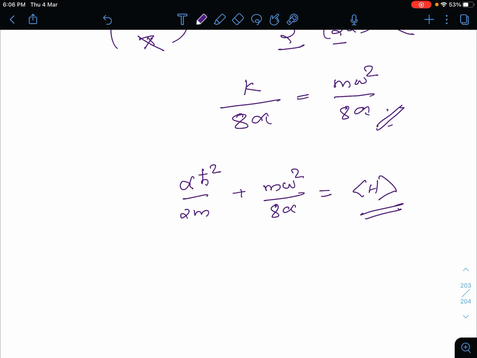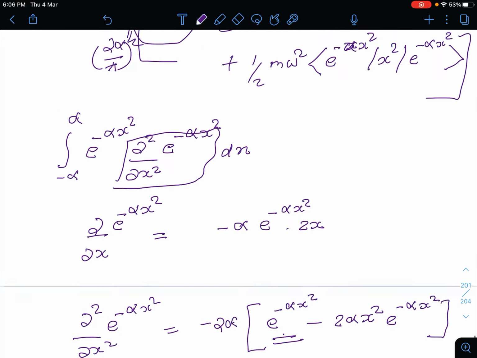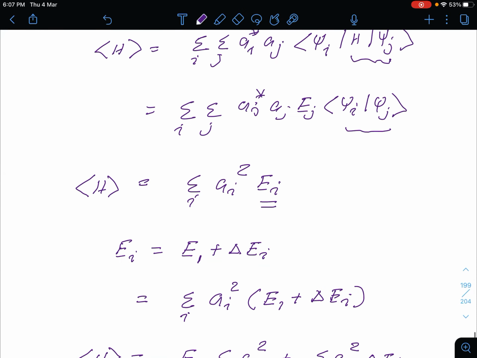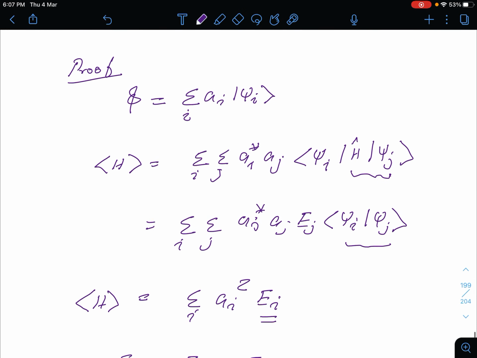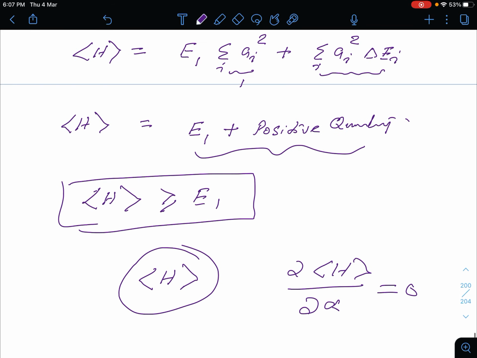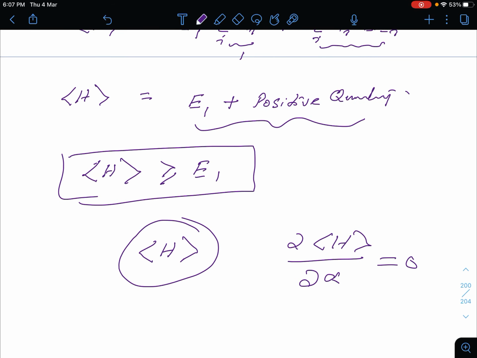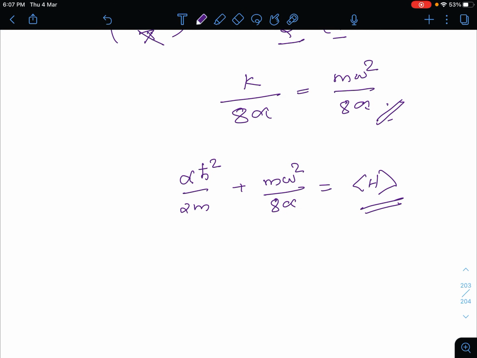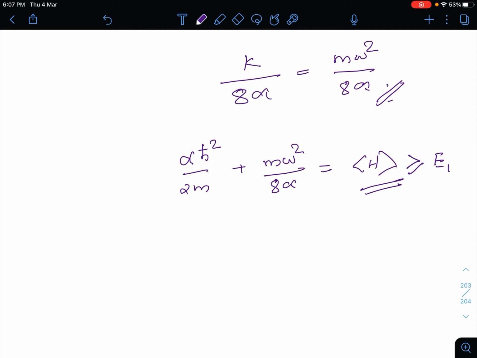And what is our assumption? This expectation value of Hamiltonian, so we began from here. This expectation value of Hamiltonian will be greater than or equal to the ground state energy of our linear harmonic oscillator.